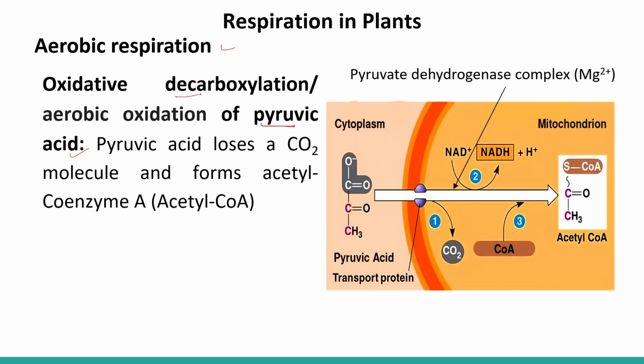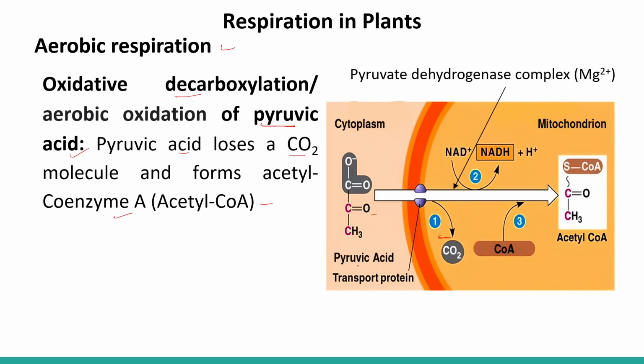There is oxidative decarboxylation of pyruvic acid, which means there is a release of carbon dioxide, or you can say the carboxyl group is converted into carbon dioxide. So pyruvic acid loses a carbon dioxide molecule and forms acetyl coenzyme A.